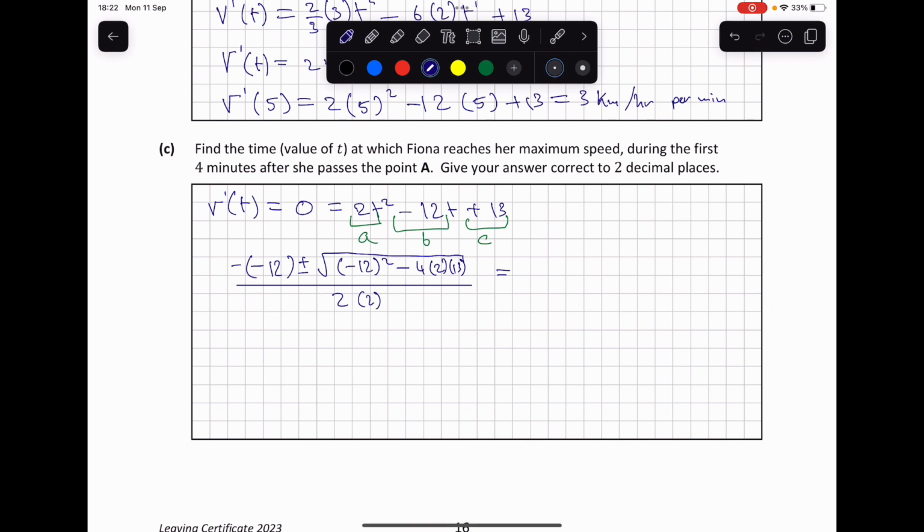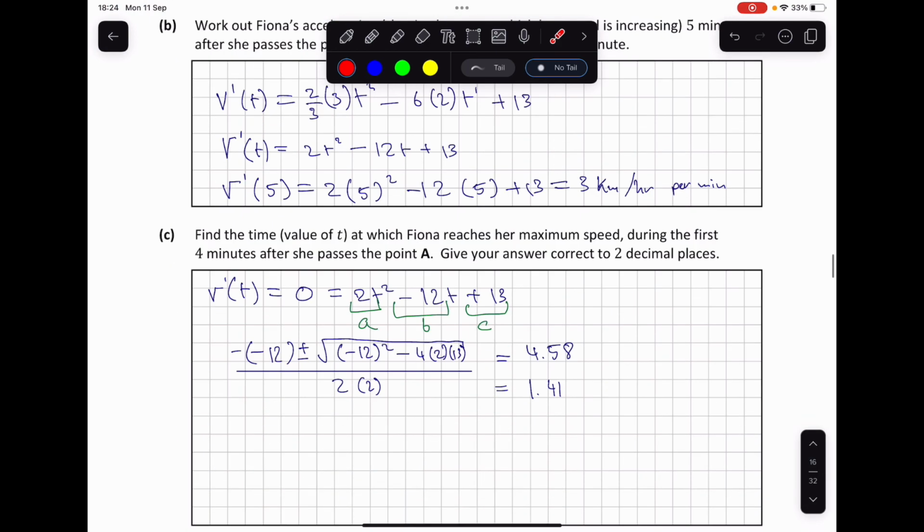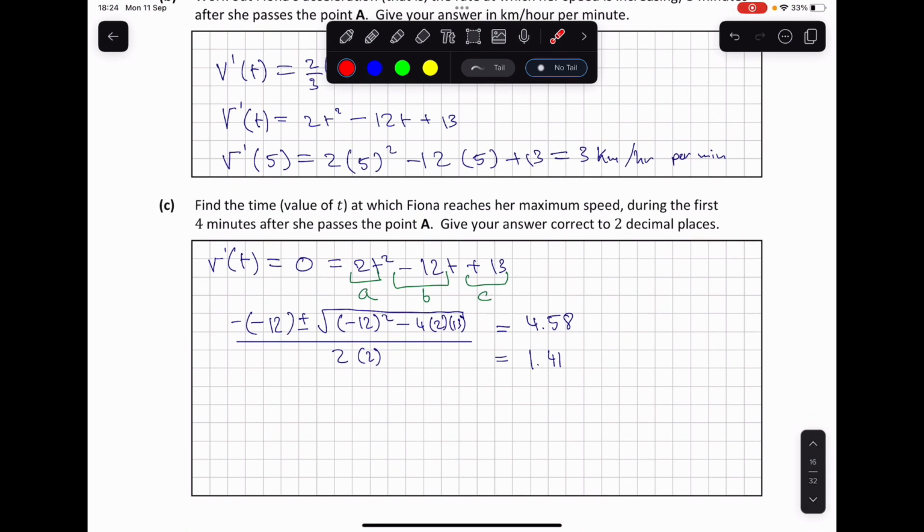So chuck that into your calculator and you get 2 answers. We get our answers 4.58 and 1.41. These are the t coordinates or t values of the 2 turning points.